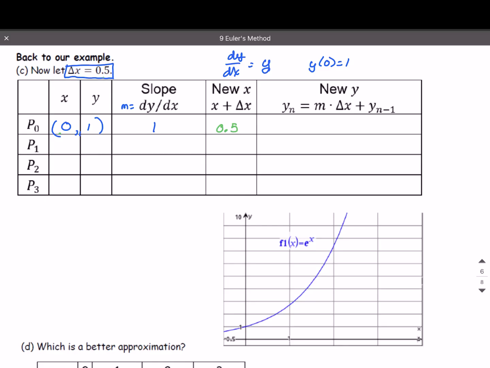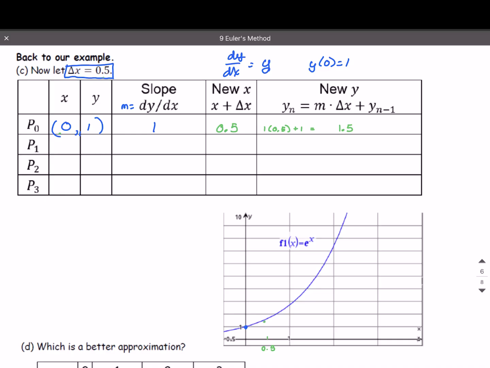So our y is our slope 1 times delta x, which is 0.5, plus the previous y value, which was 1. That's going to give us 1.5. So if we look at the graph, from this point 0, 1, we're supposed to end at the point 0.5, 1.5.